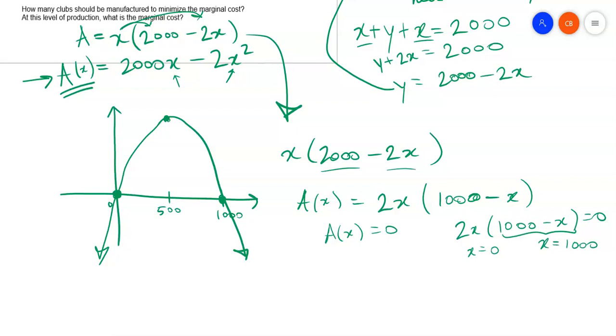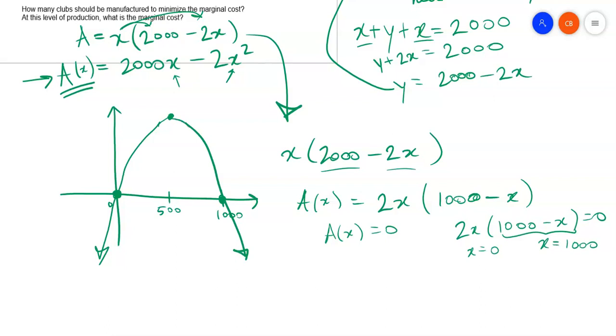Of course, my drawing is not perfect. But anyways, the vertex here obviously is going to be where the maximum is. And if I drew it maybe a little bit better, I will try to make this vertex seem a little bit more clear. The vertex for sure should be the maximum for this graph.